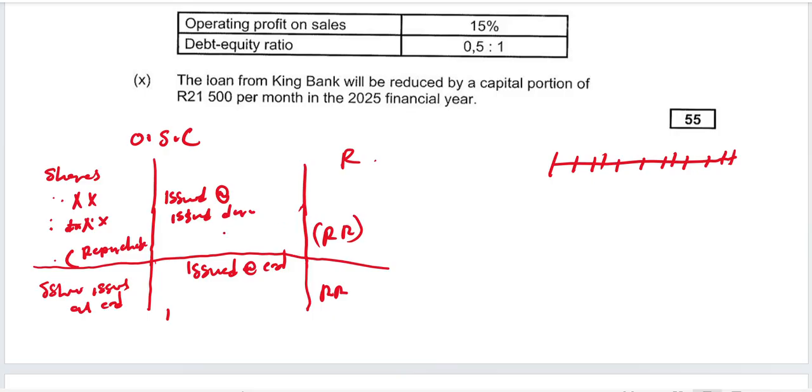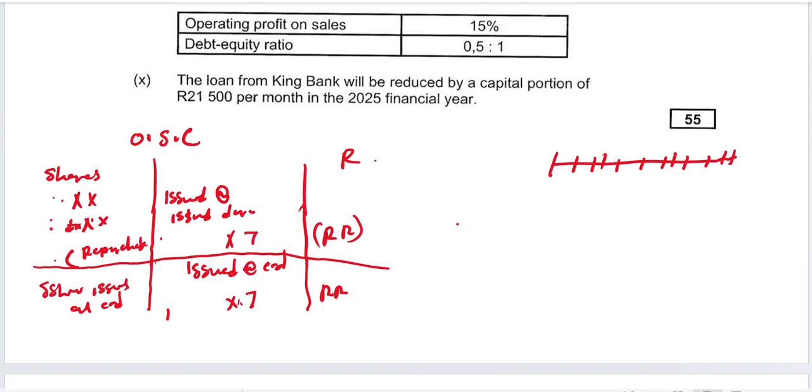If your repurchase is near your issued at the end, there is no space between them. The rand amount we use, if we use 7 rand here, we multiply by 7 rand here. The amount is the same.